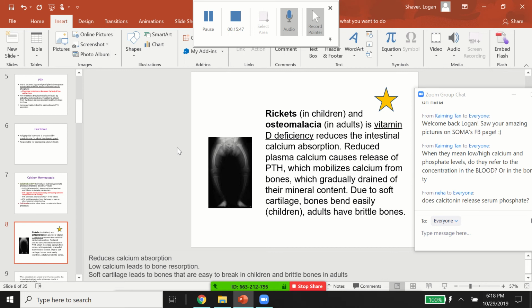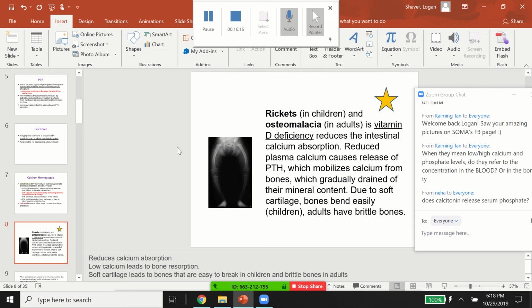So, does calcitonin release serum phosphate? No, it doesn't, because in a way it'd actually be doing the opposite of that. It'd probably be putting more phosphate back in, if I had to guess, into bone, because you do need phosphate in order to make bone. That's why vitamin D is important, because it allows phosphate to be brought back into the system.